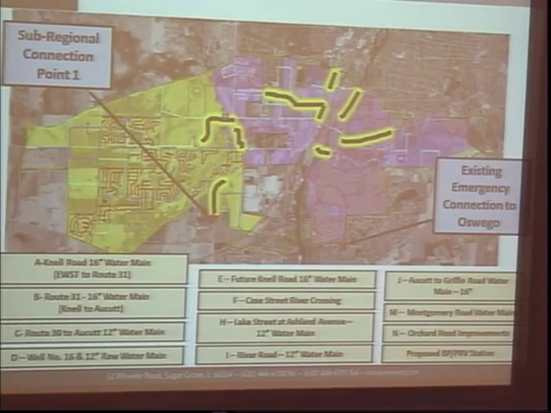So again, we evaluated the three alternates within the system in the future. The subregional, as we'll show you in a second, is bringing the water supply in along Orchard Road, and then once it gets into the system, it has to transfer across. So these spines are needed to increase the pipe size to have the efficient transfer of water going all the way across the system long term.